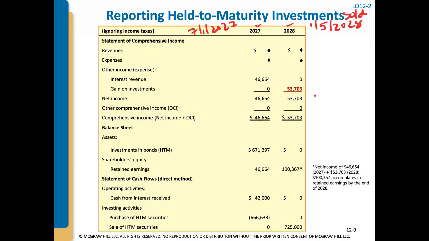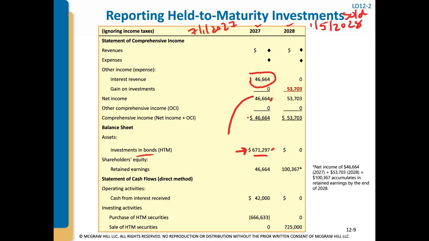So for 2027, we recognize the first 6 months of interest revenue for $46,664. So that's part of our net income. Then we had our amortized cost, our net investment in bonds, of $671,000. That's because we recognized a little bit of the discount for the first 6-month payment.